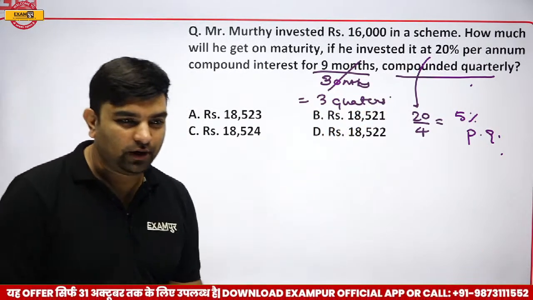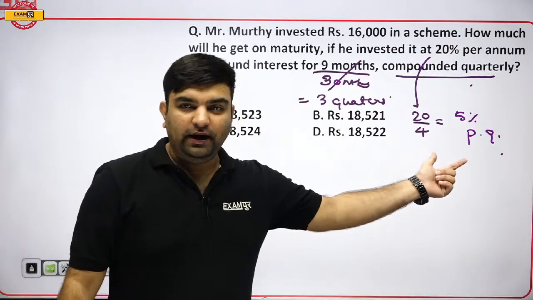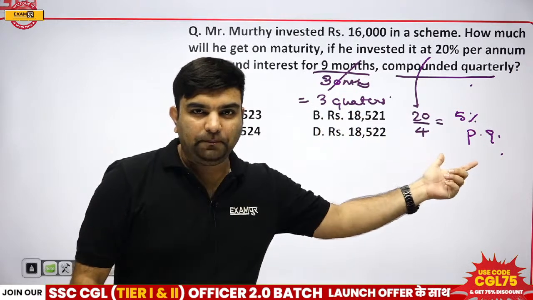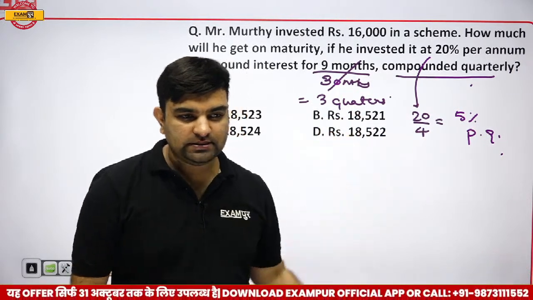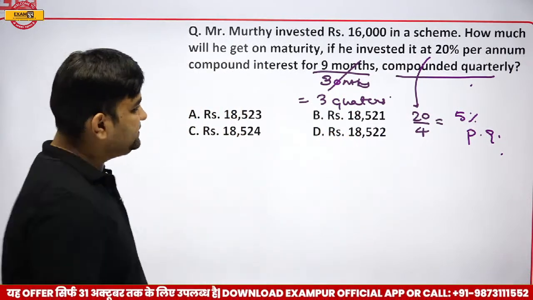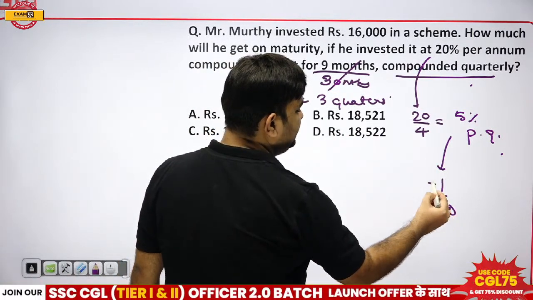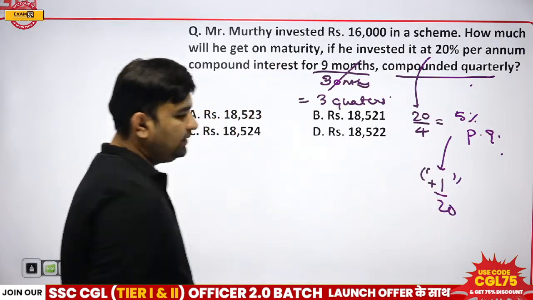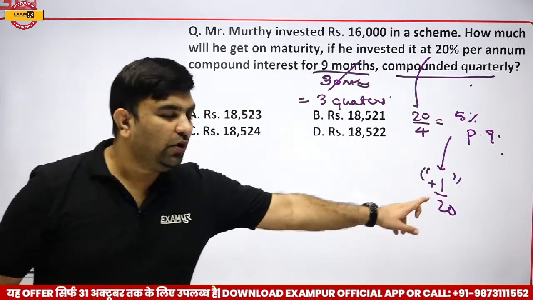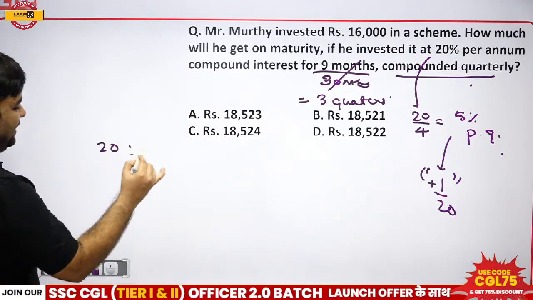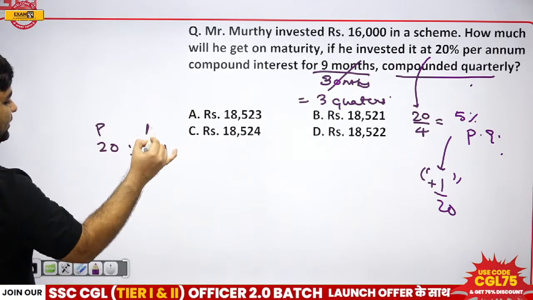Hello Shrivani, very good afternoon. So the rate is 5% per quarter for 3 quarters. 5% is 1 by 20, so 20 of principal will become 21 in 1 quarter.